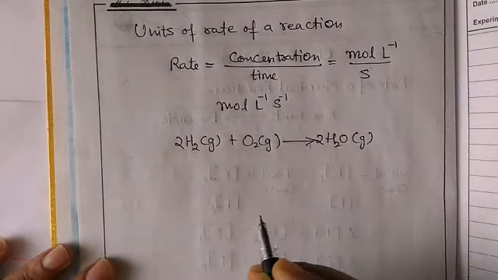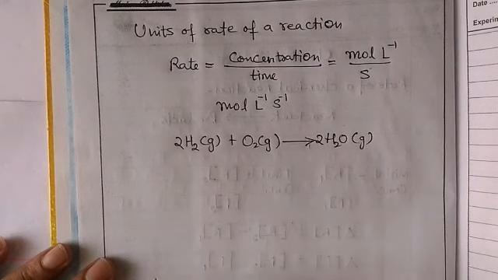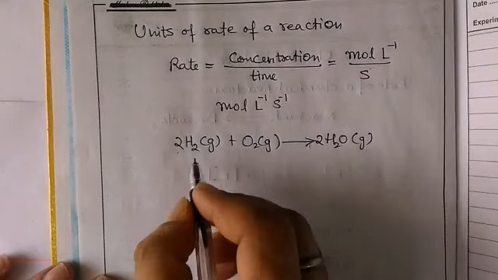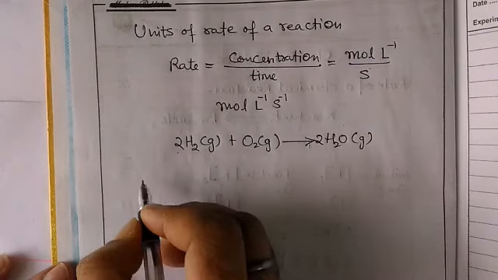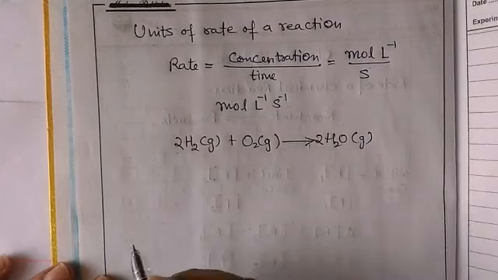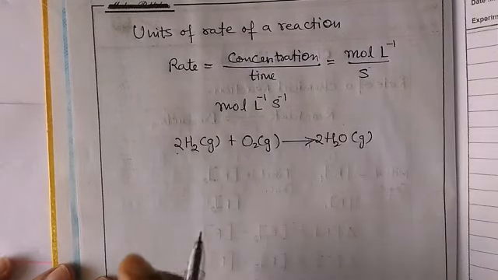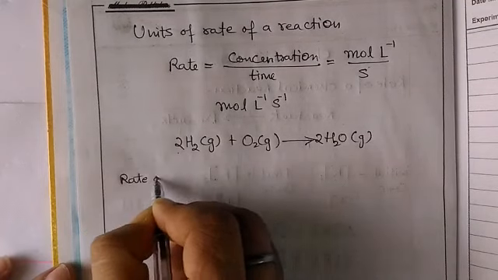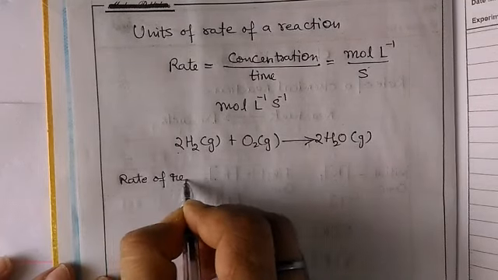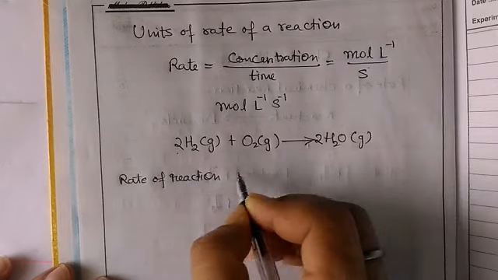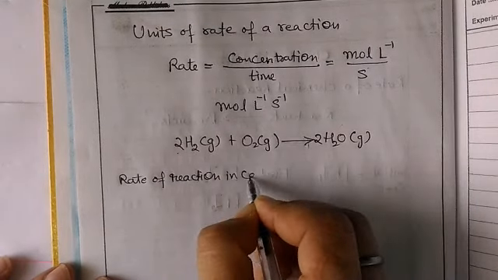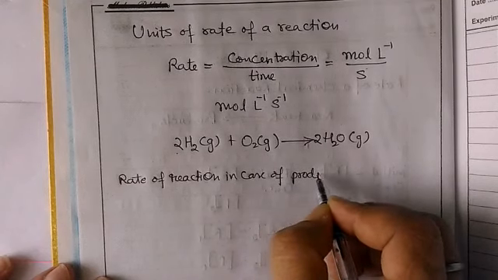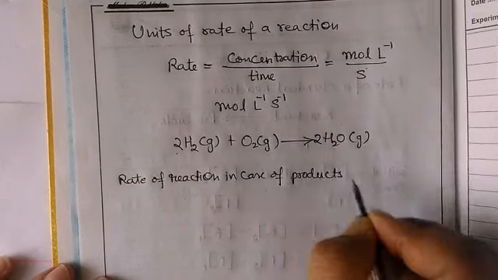So how are we going to represent the rate equation? In that case we have to mention these values also. In case of products, let's take products first.